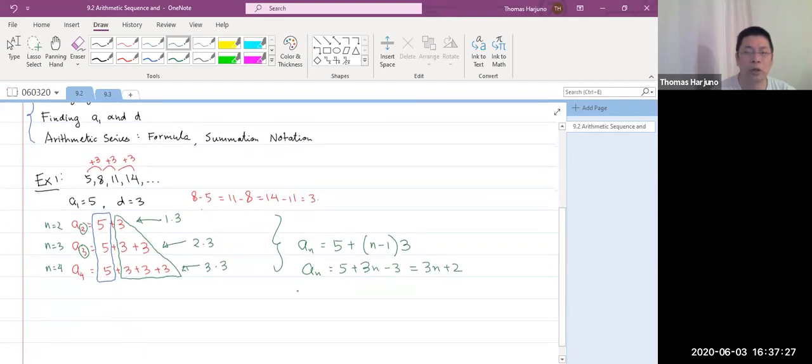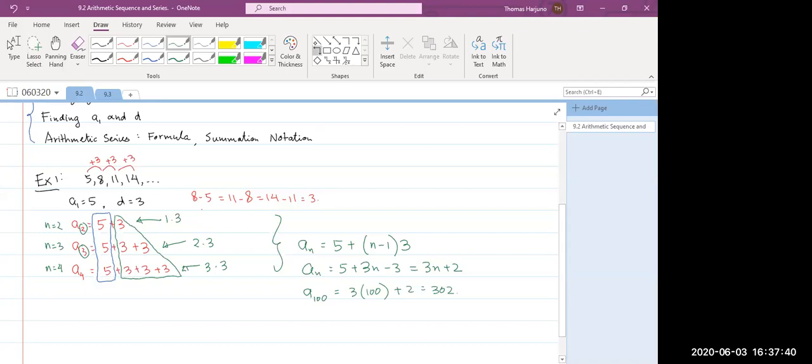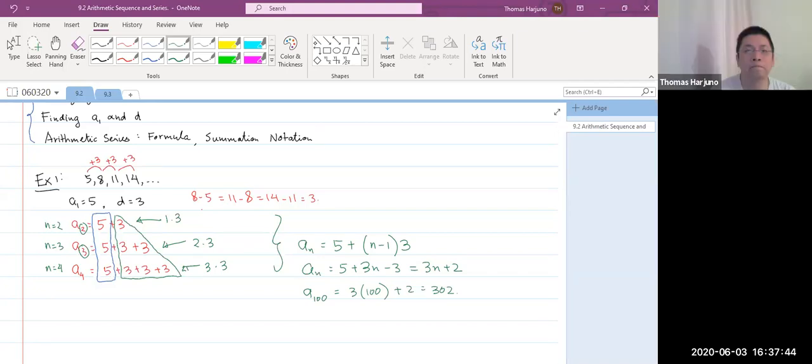Suppose somebody asks, what is the 100th term? Then the 100th term will be 3 times 100 plus 2. That's 302.